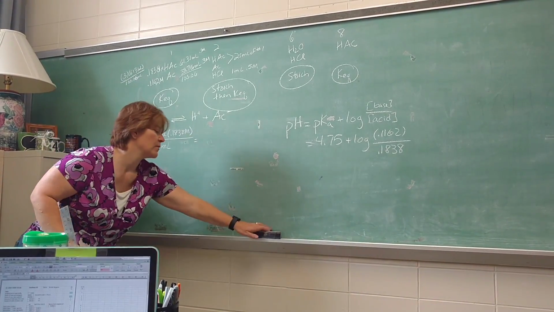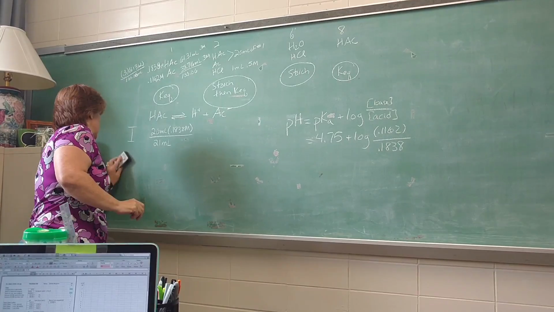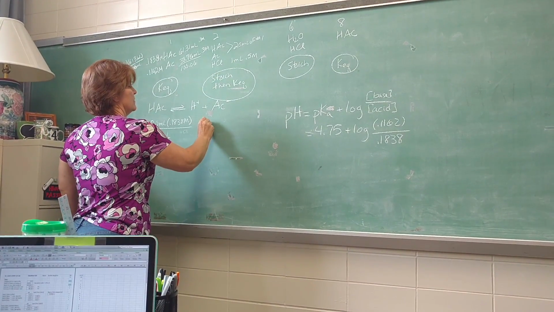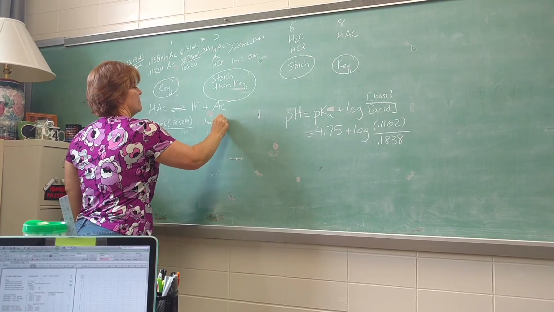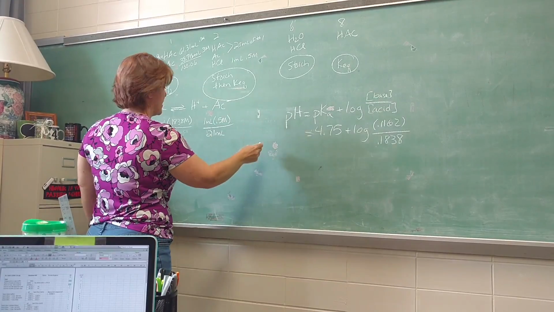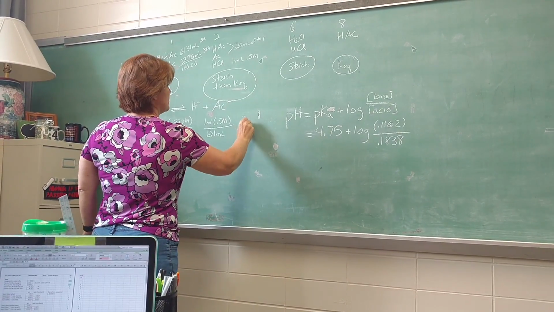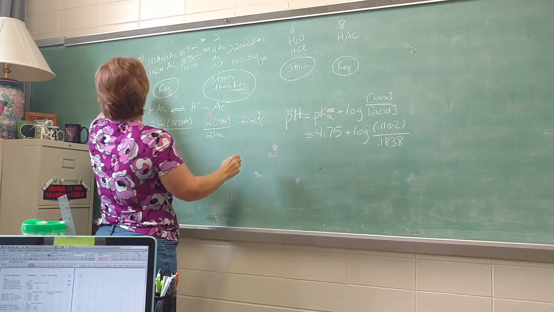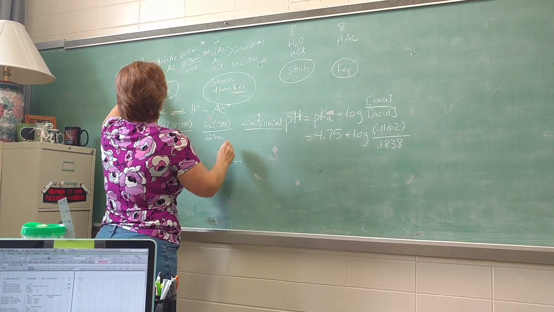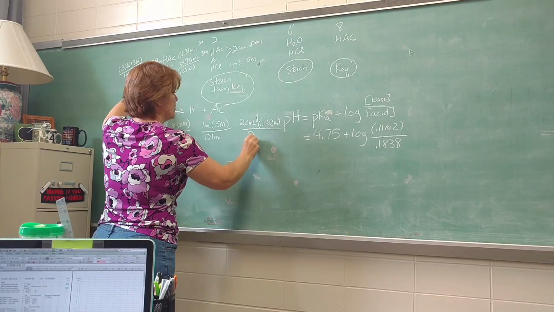I'll write it down here. H+, I have 1 milliliter times 0.5 divided by 21 milliliters. And Ac-, I have 20 milliliters times 0.1162, which was the initial, divided by 21 milliliters.